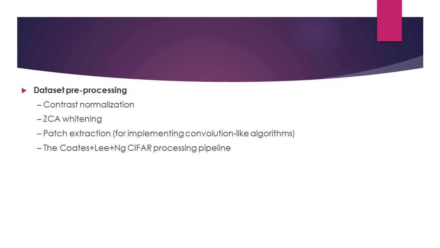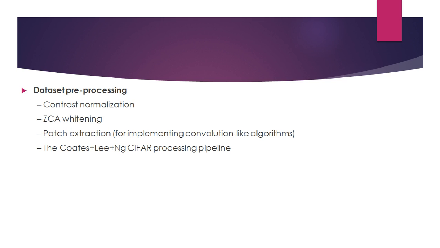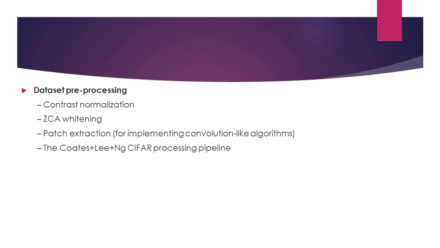And we talk about dataset pre-processing. Dataset pre-processing means that for some types of dataset we require some operations, such as contrast normalization, ZCA whitening, and background whitening of the images, when the image is not suitable for some learning or testing operation. For contrast normalization, we have to normalize the contrast value of RGB or some color combinations.